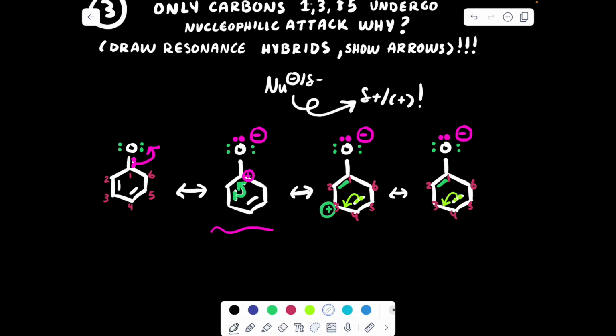So carbon number 3 gains that electron and carbon number 5 becomes cationic. So now we see why carbon number 5 also is subject to nucleophilic attack, because one of our resonance hybrids shows us that we have an electron deficit at carbon number 5. So this would be your answer. You would have to draw all 3 of these resonance hybrids and then just briefly state, well, nucleophiles will attack carbons or atoms that are in an electron deficit because opposites attract.